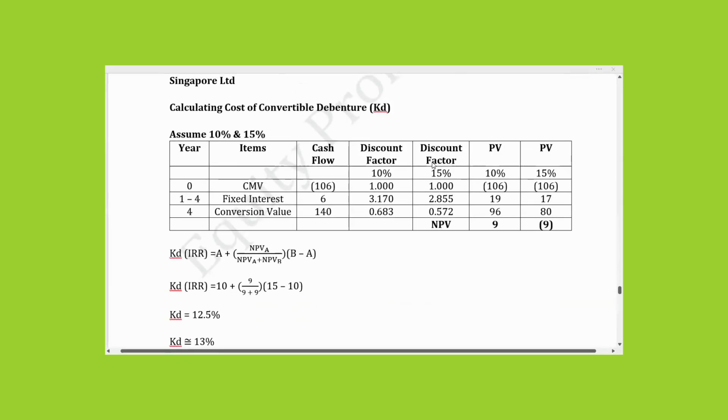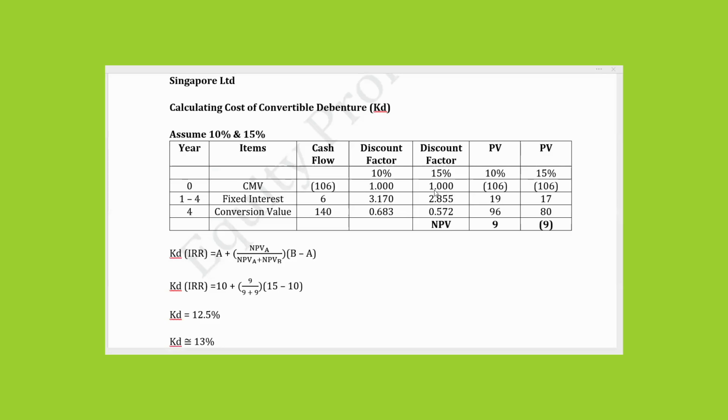I said in my explanation earlier that when you are calculating cost of convertible securities, you have to compare the redemption value and the conversion value, because an investor will never exercise their rights if it is not profitable, and it will be profitable only if the conversion value is higher than the redemption value.